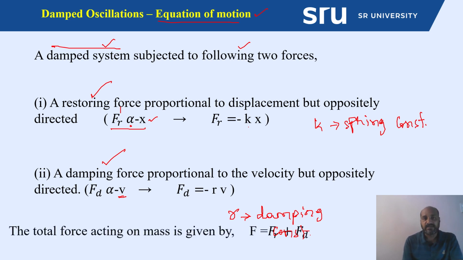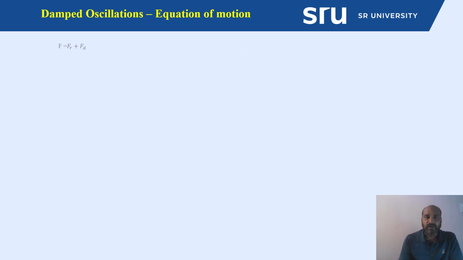So you can write the net force as the sum of both the restoring force as well as the damping force. So F is equal to minus Kx for the restoring force, and minus Rv for the damping force.